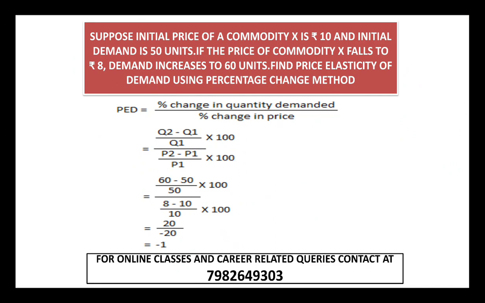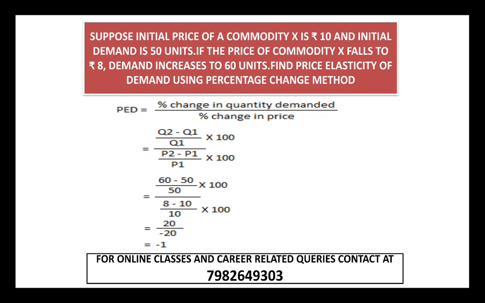Now let's take one question and see how the question comes in the exam and how we are going to solve it. It says, suppose initial price of a commodity X is rupees 10 and its initial demand is 50 units. So we know that P1 and Q1 are given to us as 10 and 50 respectively.